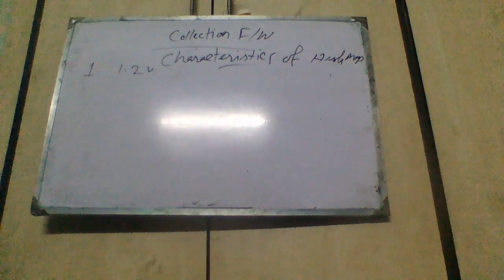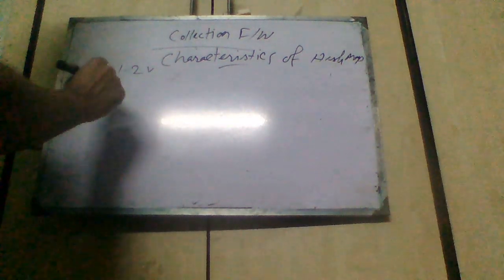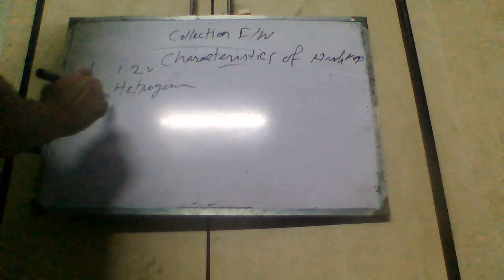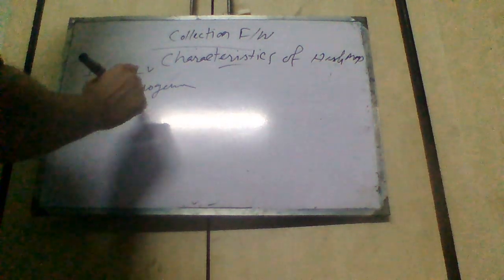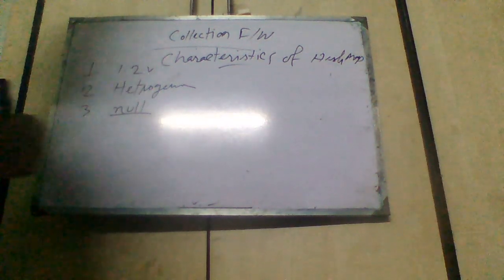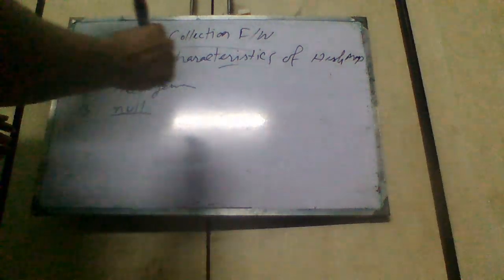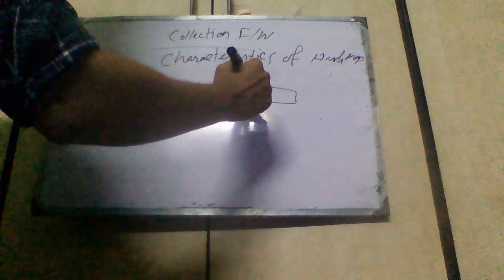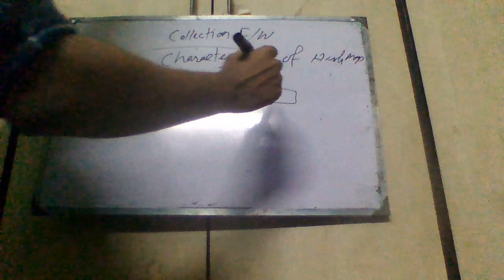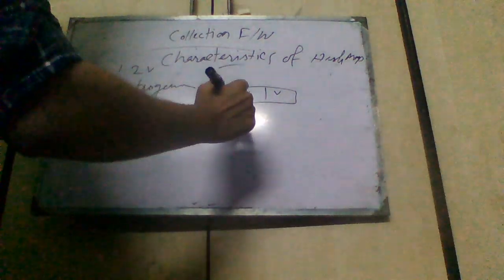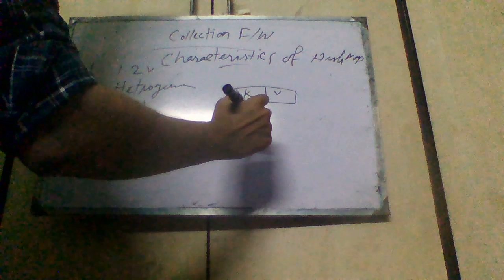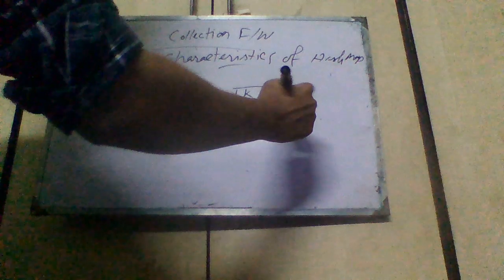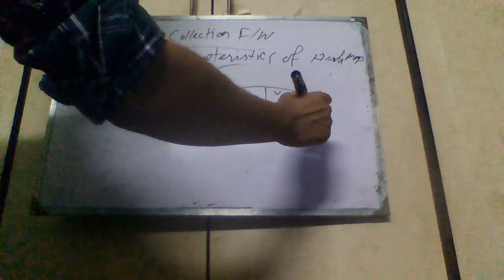Number two: it can store heterogeneous data. Number three: it can store null values, actually multiple null values. We already know that in a HashMap we store a value with a key-value pair. Keys are unique, but values can be duplicate.